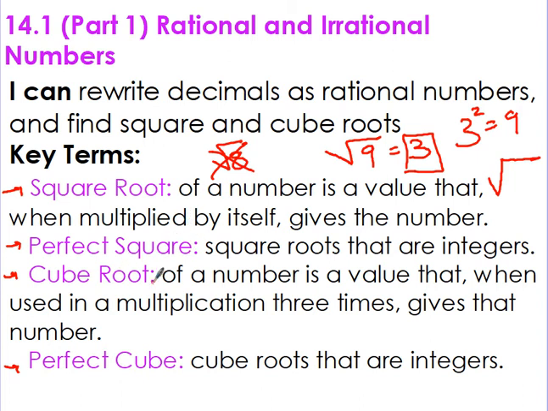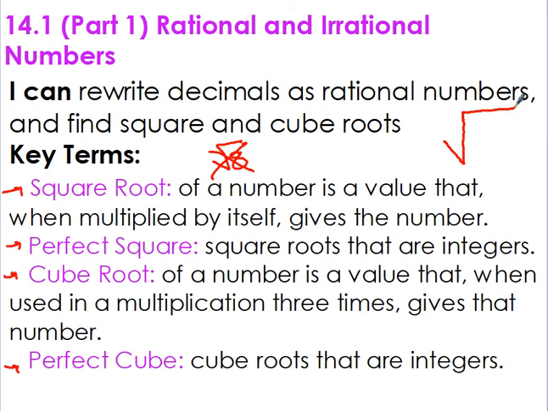Cube roots are the same thing as square roots, but the difference is that a cube root uses the square root symbol with a 3 on the outside. And a cube root is not just a number times itself twice. It's a number multiplied by itself 3 times.